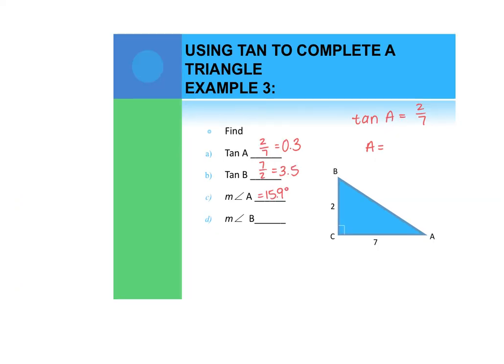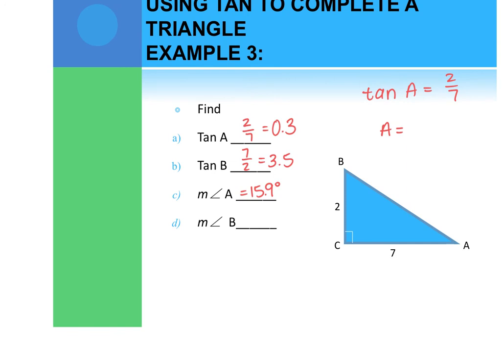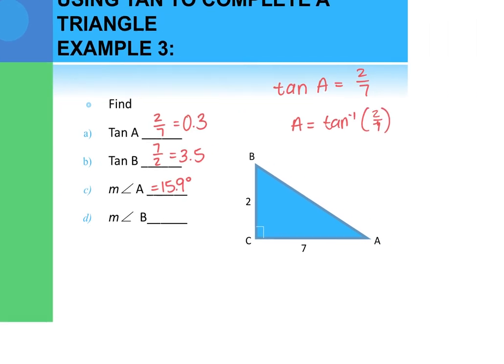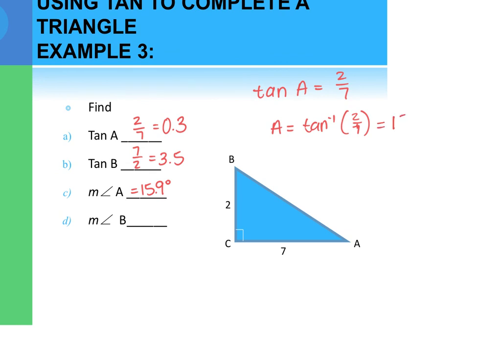So that means that A was the tan inverse of 2/7, which got us 15.9 degrees. And then tangent of B we got was 7/2, agreed?